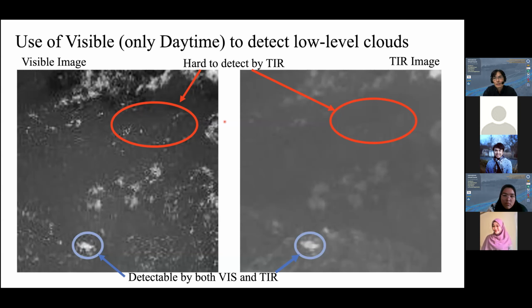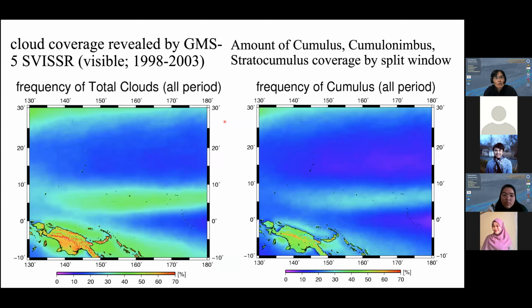And this is one example of cloud coverage revealed by GMS-5, which is two generations before the current Himawari. This is a visible wavelength threshold method showing how much cloud coverage occurs during the daytime. Around here is a relatively high cloud amount, mainly due to the ITCZ part.